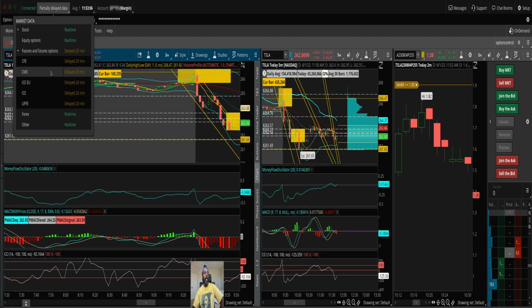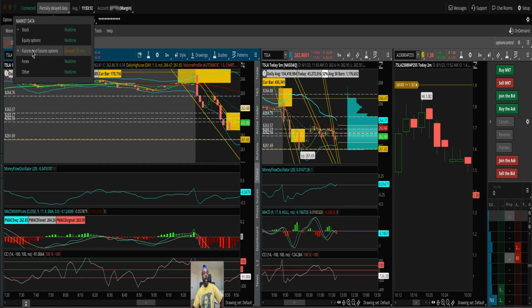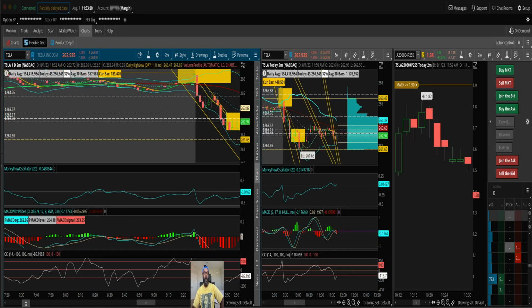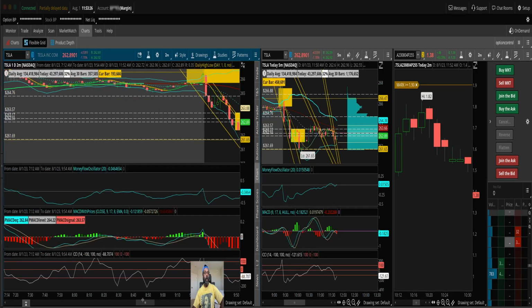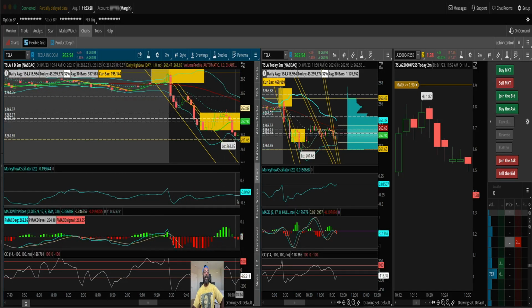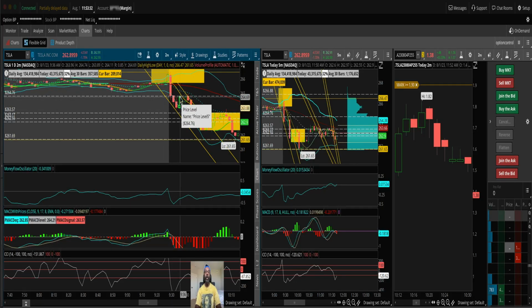I don't trade futures on here, and I don't need to pay for the subscription, but I have it in real time on other instruments on the platform. Forex real time, others real time, so real time account. It says margin there anyway, but I keep doing this for the last 3 years, and people keep asking me. So anyways, Tesla, here's the box.